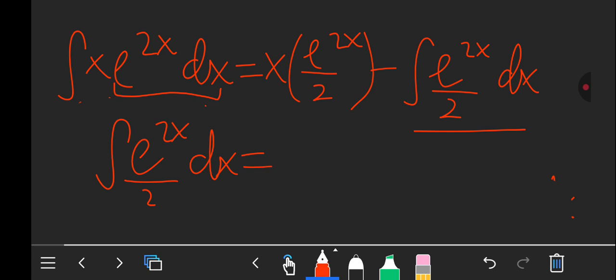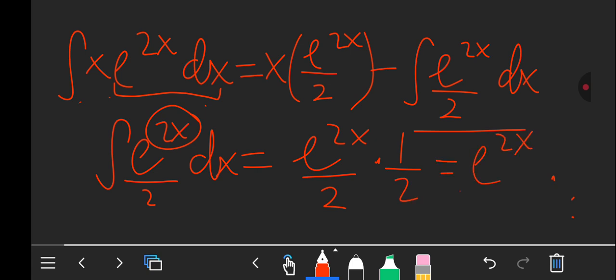The integral is again e to the power 2x, which is very stubborn, it remains. Then we differentiate 2x, and mind you, it is the entire thing first, then we differentiate 2x. The derivative is just 2, so it becomes a denominator, multiplied by 1 over 2. So this will give us e to the power 2x, then 2 times 2 is 4, which will be on the denominator.